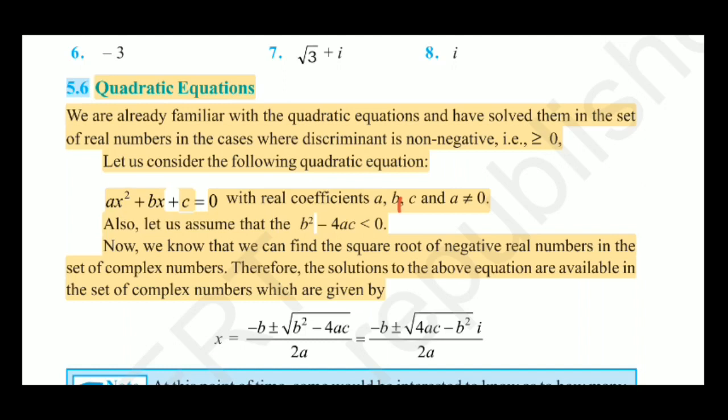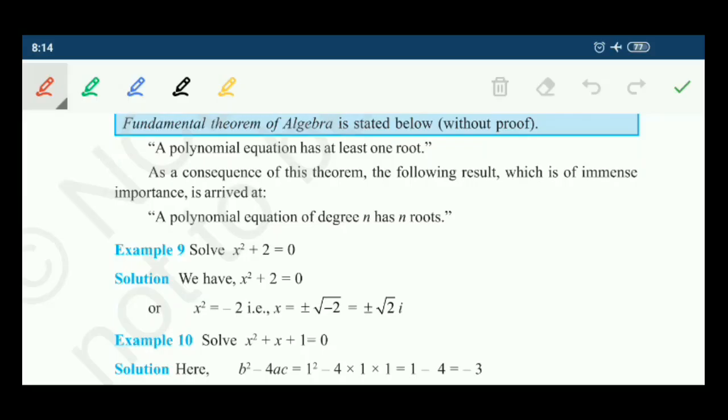Therefore the solutions of the above equation are available in the set of complex numbers, which are given by x is equal to minus b plus minus under root b square minus 4ac upon 2a, which is equal to minus b plus minus under root 4ac minus b square iota upon 2a.